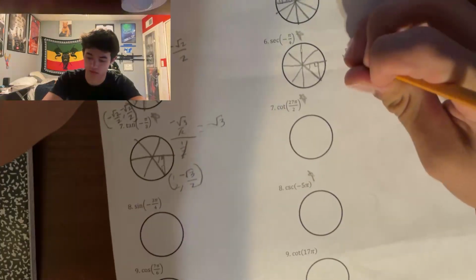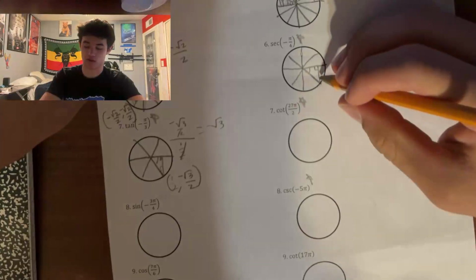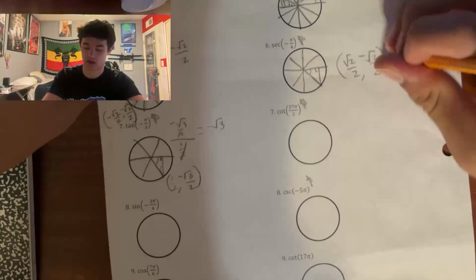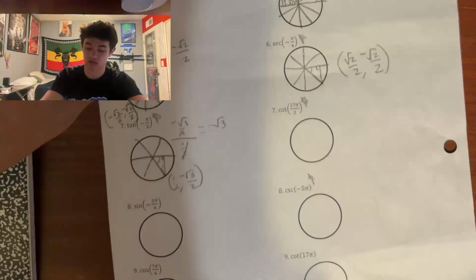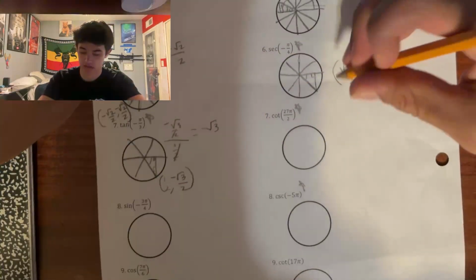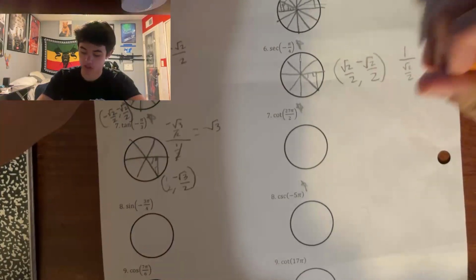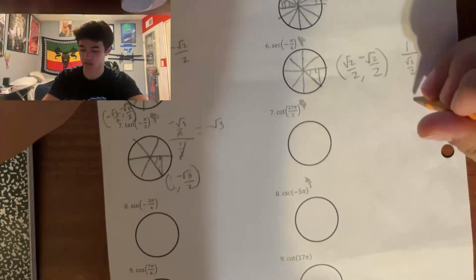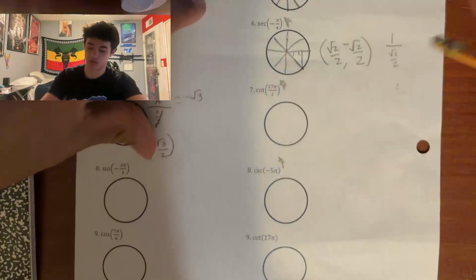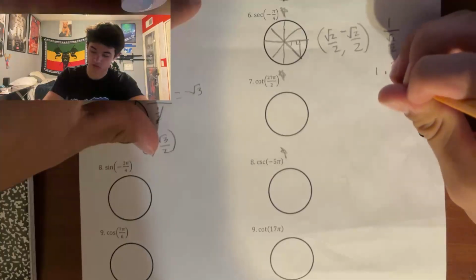So we're going to have root 2 over 2 and root 2 over 2. Then we know the y is going to be negative and the x is going to be positive because it's in that quadrant. We're looking for the secant, which is 1 over the cosine, which is the x value. So we're going to have 1 over root 2 over 2, which is equal to 1 times 2 over root 2.